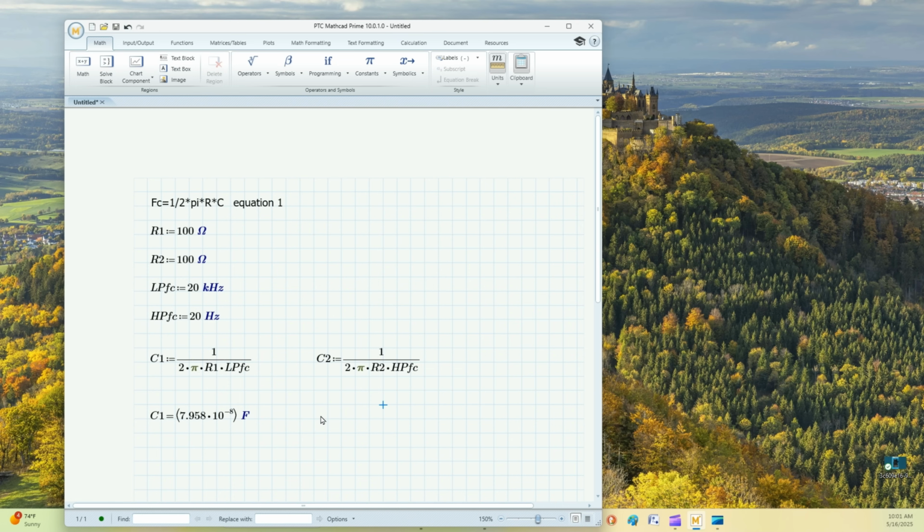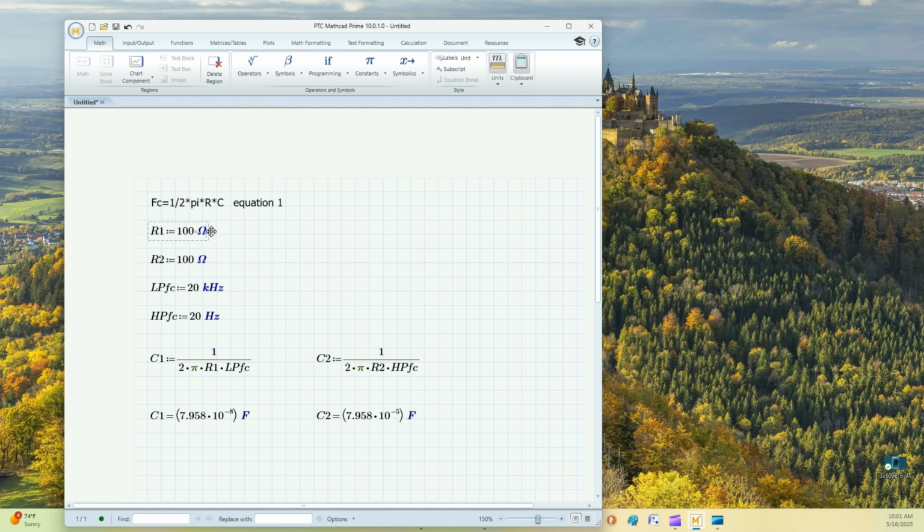Hit enter, then come down to here, say C2 equals, and it equals 7.9 to the negative 5. Well, that's not common. Microfarad is, which is negative 6. So this will be 79.58 to the negative 6, or 79.58 microfarads. And there you have the solution to all your capacitors.